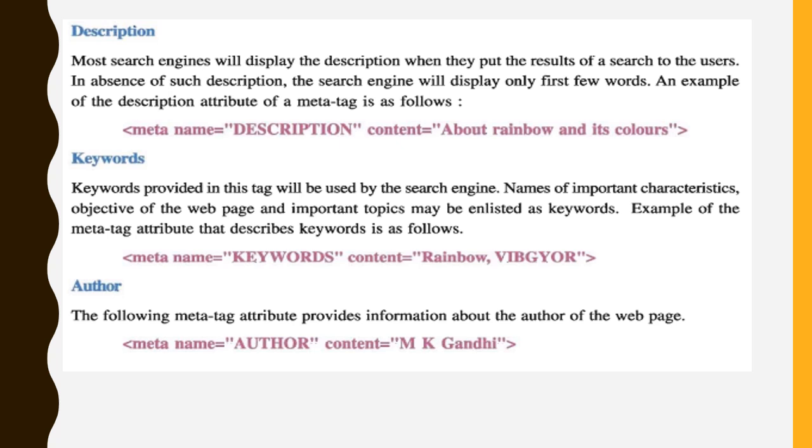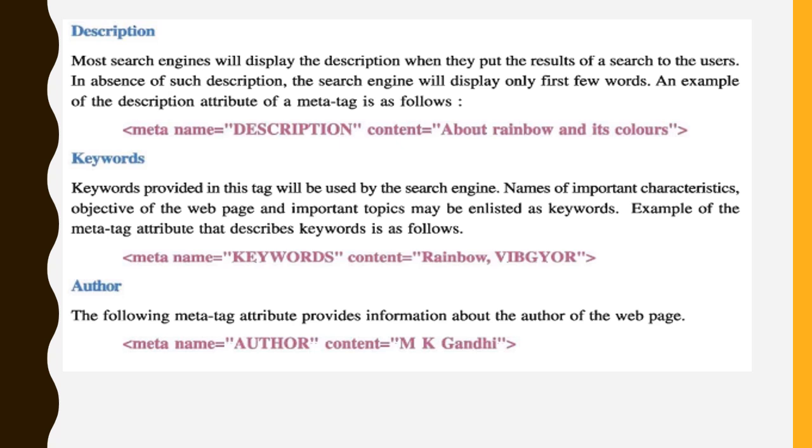Meta name equals "description", content equals "about rainbow and its colors". It means when a search engine searches about this web page, this description will be displayed: about rainbow and its colors.